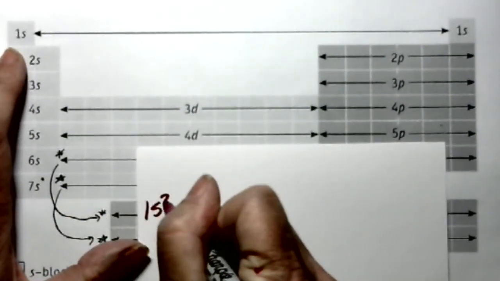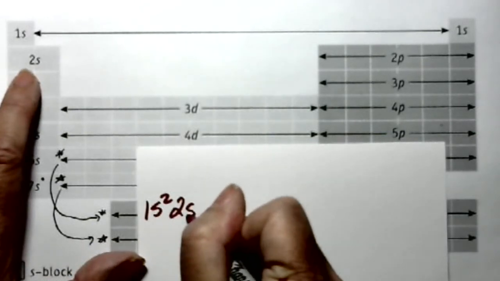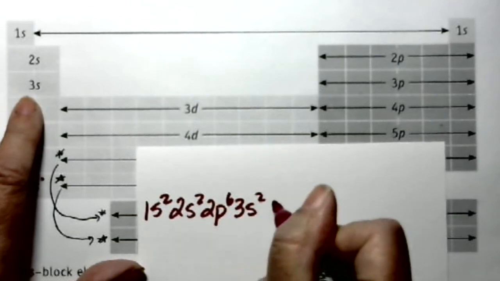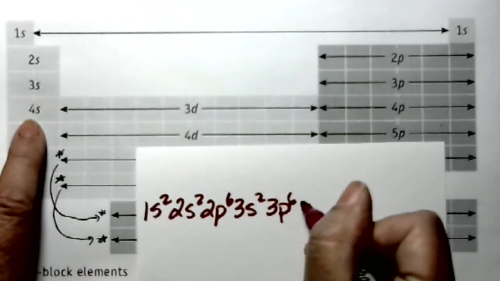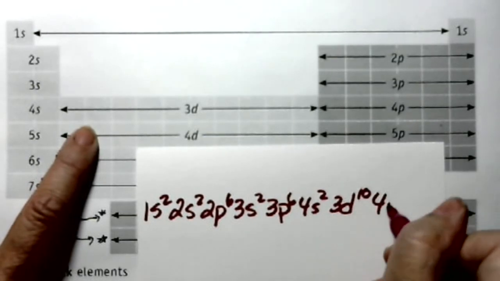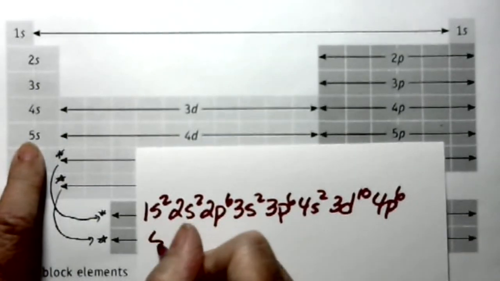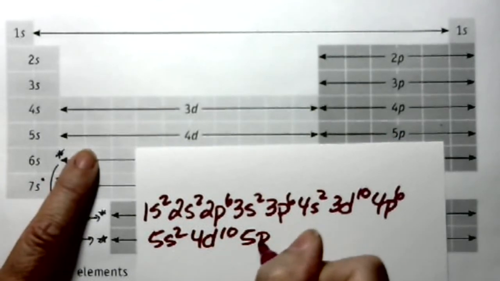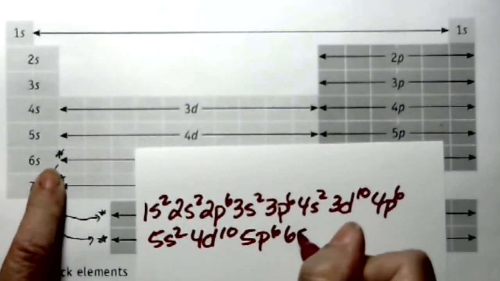It's 1s2, then it fills the 2 s's, then the 2 p's, then the 3 s's, then the 3 p's, then the 4 s's, then the 3 d's, then the 4 p's, then the 5 s's, then the 4 d's, then the 5 p's, then the 6 s's.